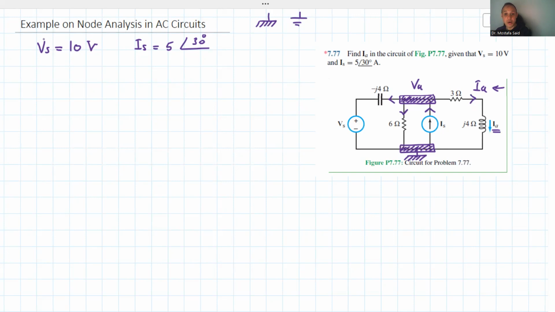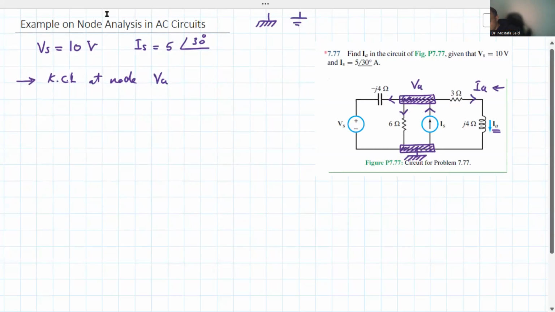In node analysis, we go to the nodes and write the Kirchhoff current law equation. So we're going to apply KCL, Kirchhoff current law, at node VA. Kirchhoff current law is basically the conservation of charge.